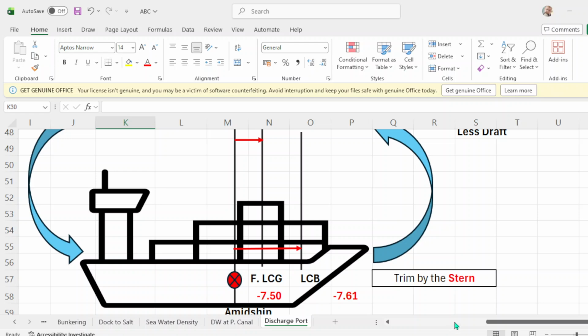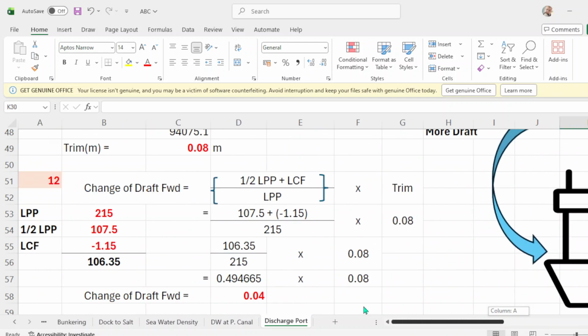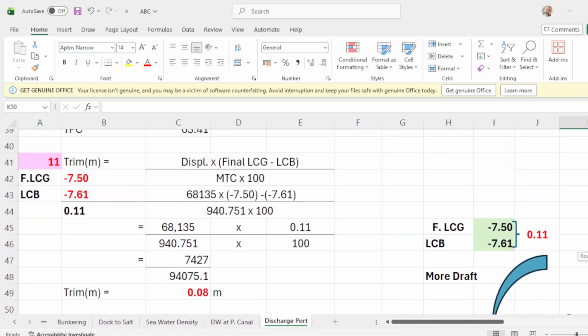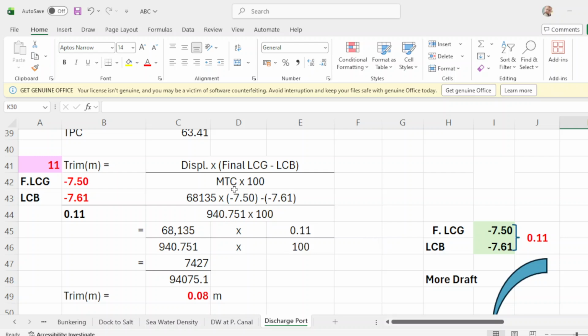So we go to number 11, we compute for the trim. First, we do final LCG minus LCB, and the distance would be 0.11, positive.